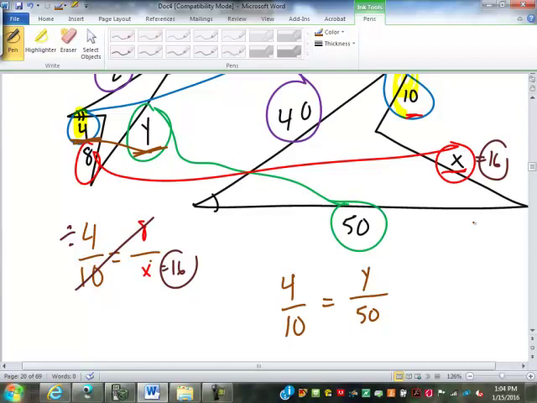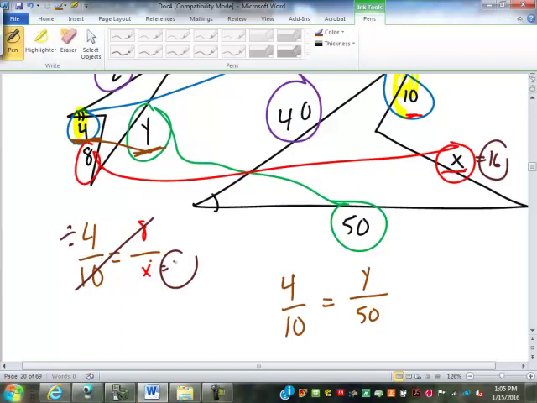So go ahead and find the length of y, and then find the length of z quick in your notes. It's not 16, is it? It's 20. You're right.